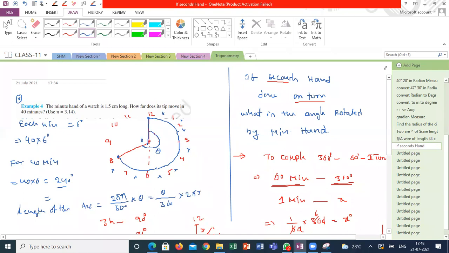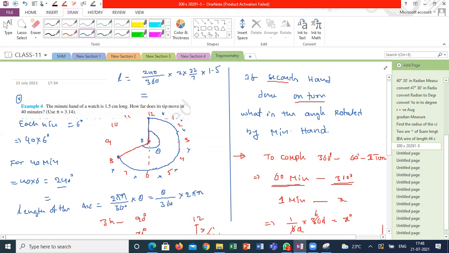Now you can use it since theta is in degree measure. So the length of the arc L is equal to theta, which is 240, divided by 360, into 2 into 22 by 7 into r, which is 1.5.